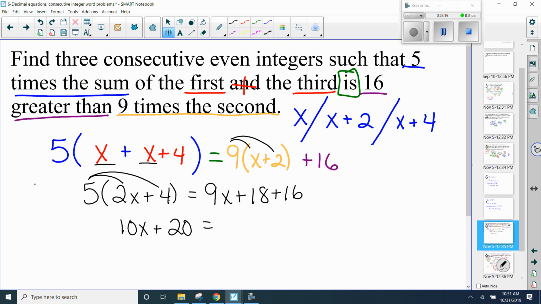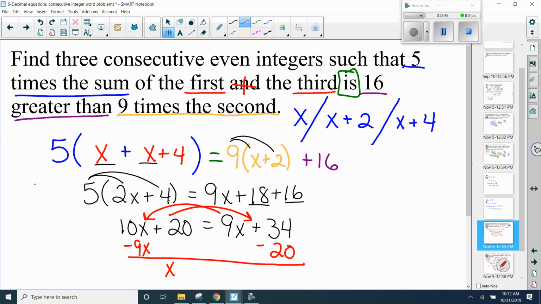And what is 18 plus 16? 34. Now what? Move the 20 over, which makes it negative 20, which means I have to move the 9x, making it negative. And you get x equals 34 minus 20, which is 14.